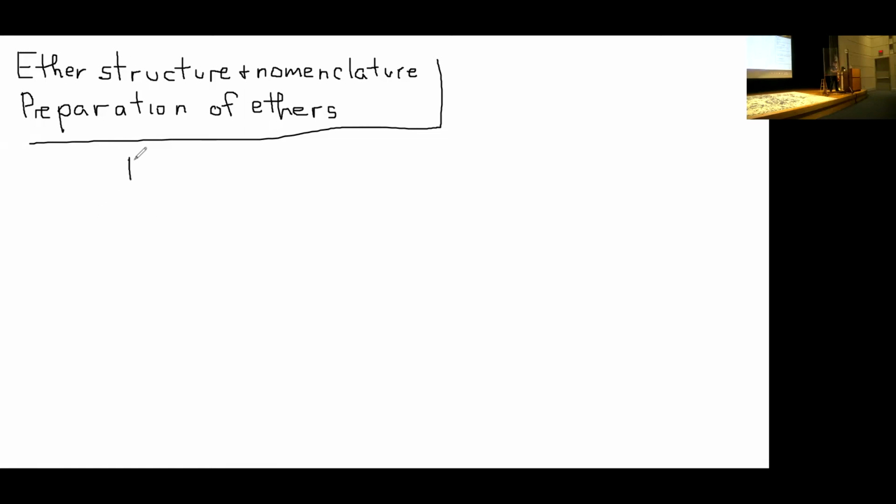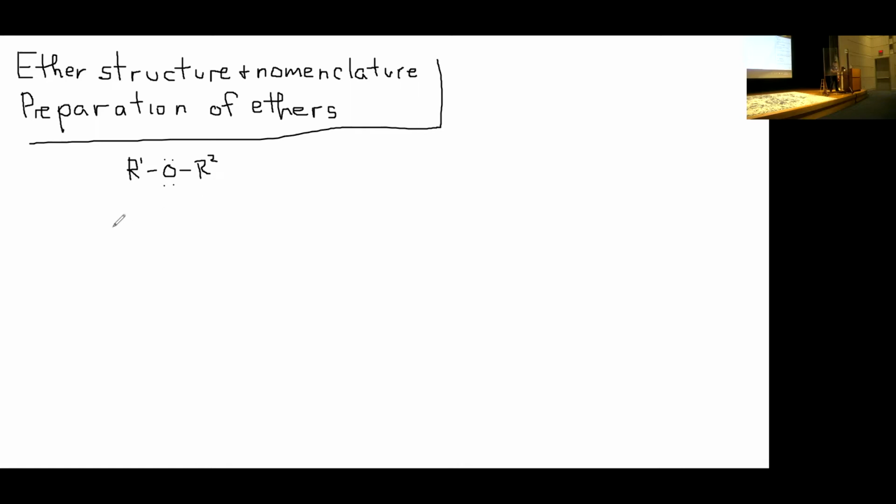So ethers can be thought of in shorthand as R1-O-R2, where both of these are alkyl groups. They can be the same alkyl group or different, doesn't matter. Either way, you'll have an ether. But we do require that they both be alkyl groups, because if either one of those is a hydrogen, of course, you won't have an ether, you'll have an alcohol.